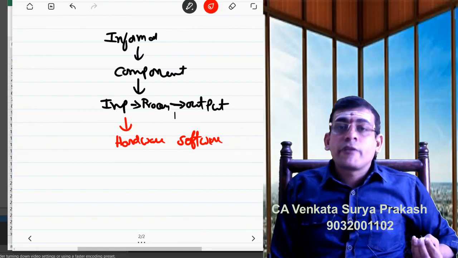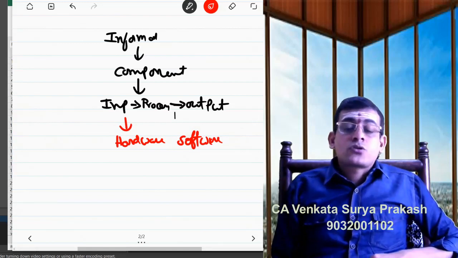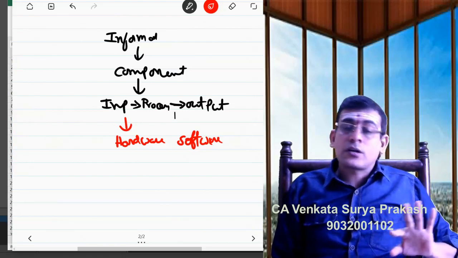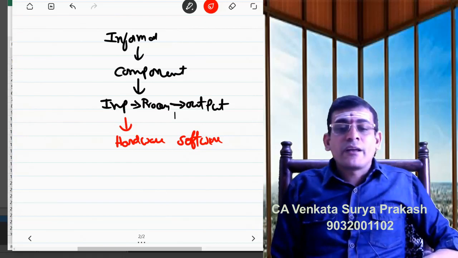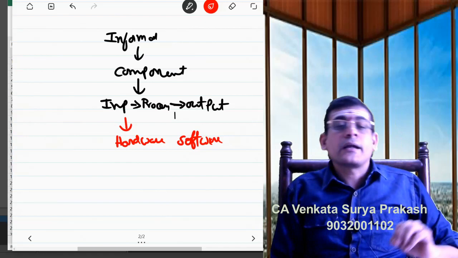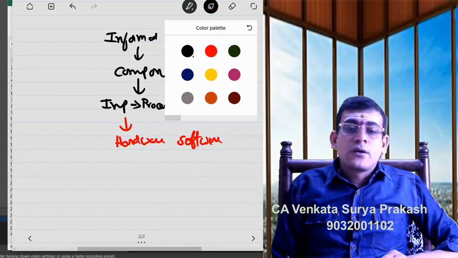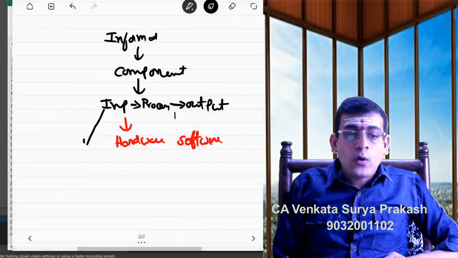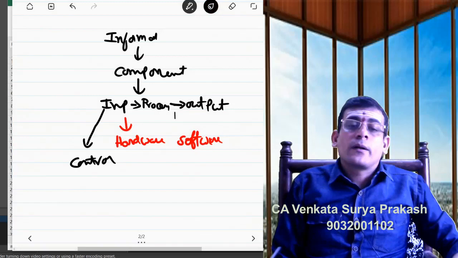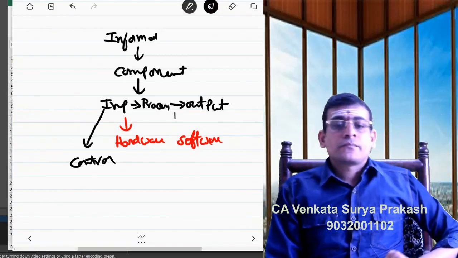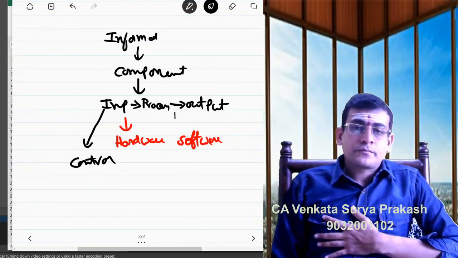Without software, I cannot operate. We will discuss what is hardware and what is software when we go through this. And the most important part is that I need to have proper control. What sort of controls? If you input wrong, you will process wrong.